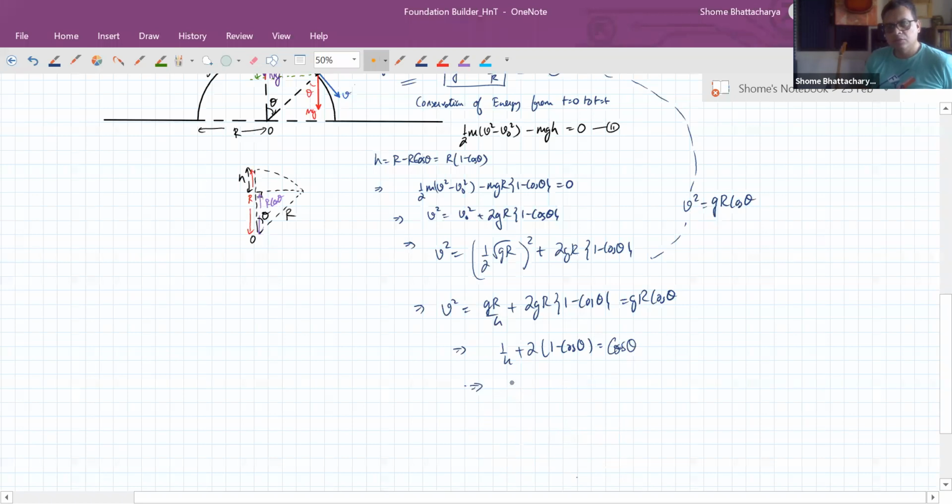So we have 9 by 4 is equal to 3 cos theta.